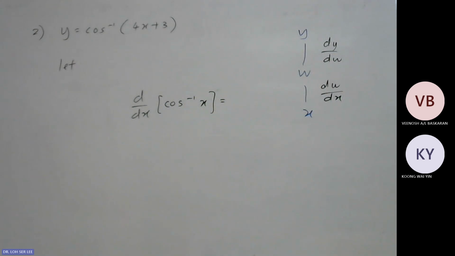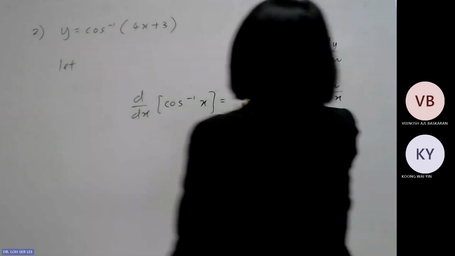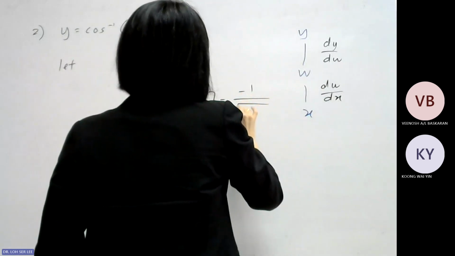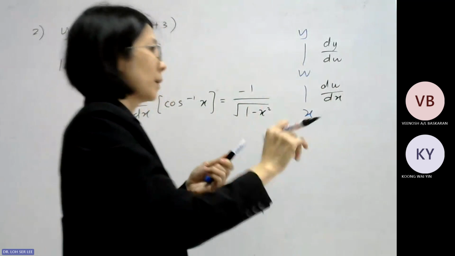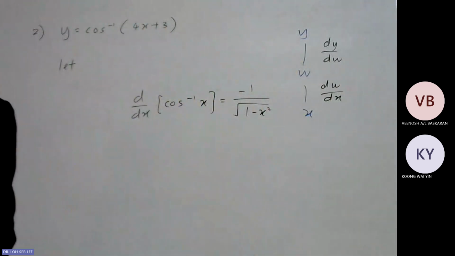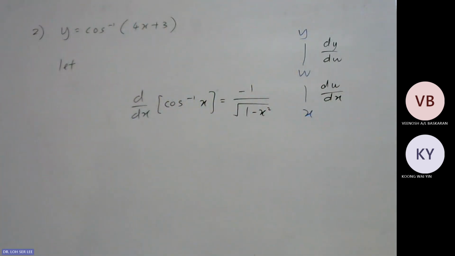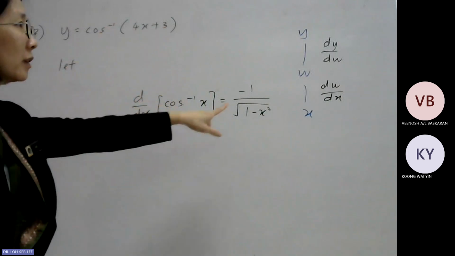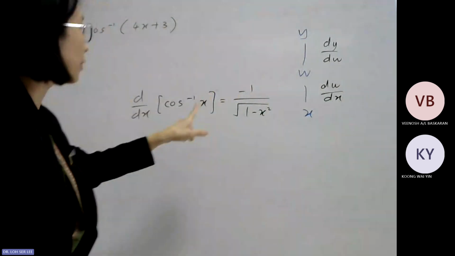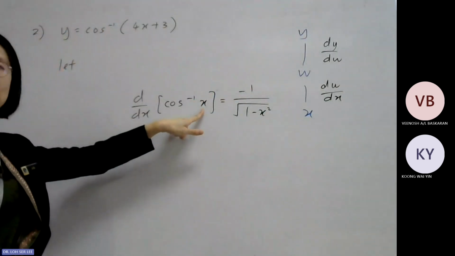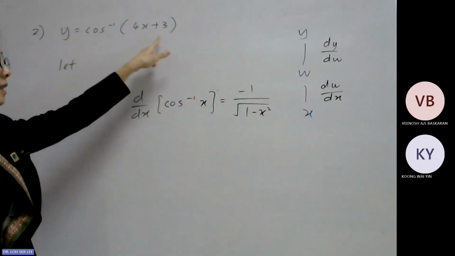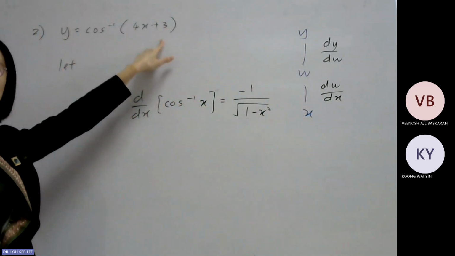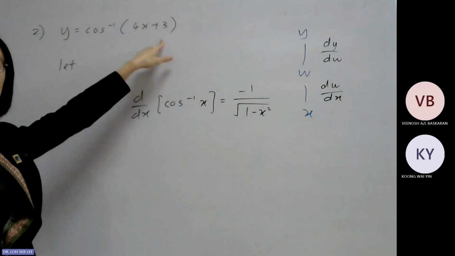This one, differentiate arccos x, you get negative 1 over the square root of 1 minus x squared. So you see, you are given this formula in the slide. But when x is no longer x, but something like this, then you can apply the chain rule to get the solution.